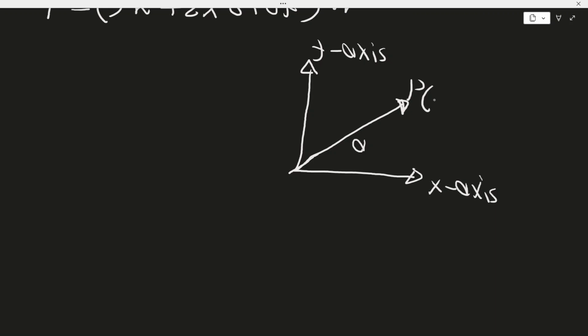Let us say it is (1, 1). Let me change the color. This point is (1, 1). And of course, we are starting from P1, or rather, let me call it O, the origin, (0, 0).